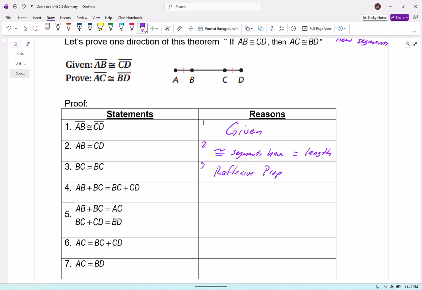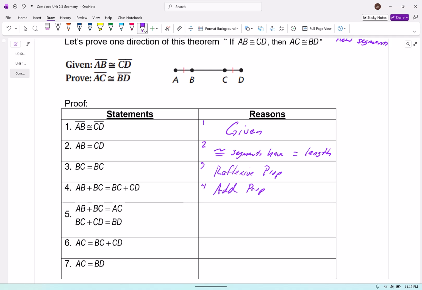BC is equal to BC. Great. Well, then AB plus BC should then equal BC plus CD. So we added BC to both sides, the addition property.